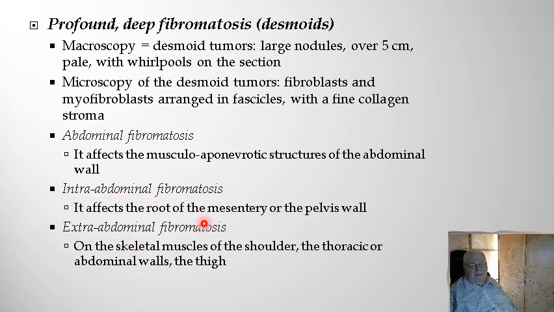The mesenteric location for fibromatosis is extremely dangerous. I had such a case diagnosed one year ago, and because of this infiltrative growth in the roots of the mesentery, by vascular compression, this 17-year-old girl last year developed intestinal infarction, which was obviously a surgical emergency.